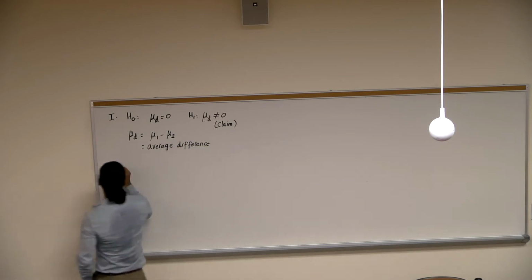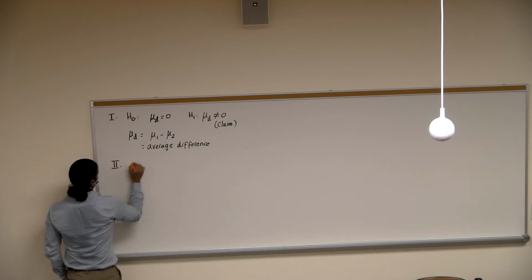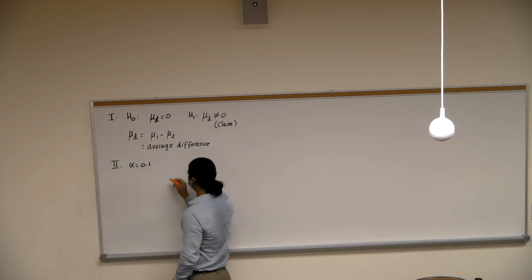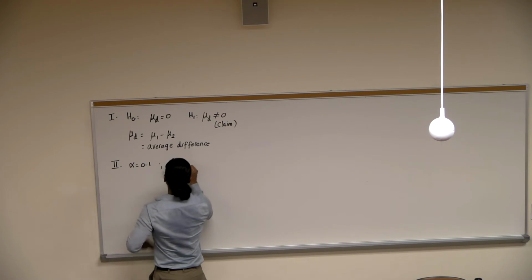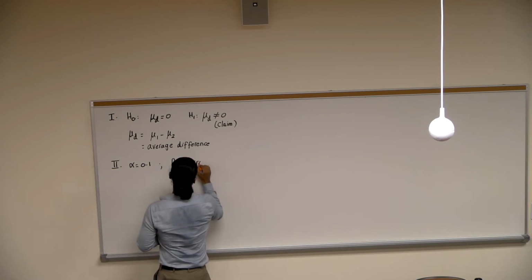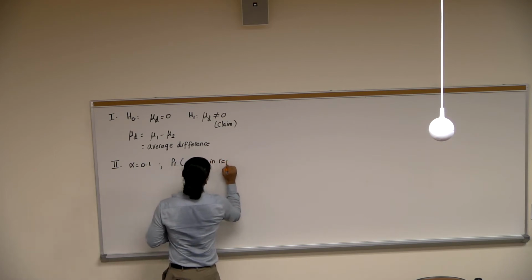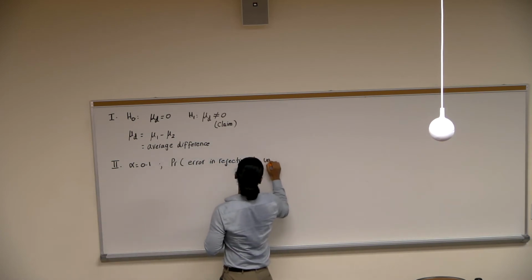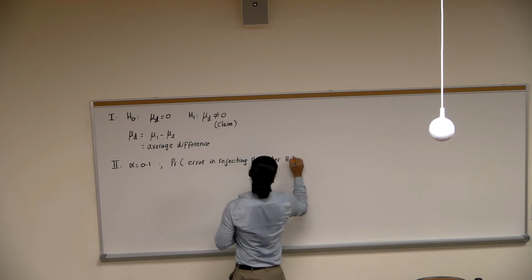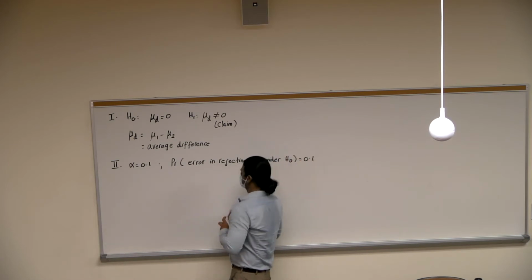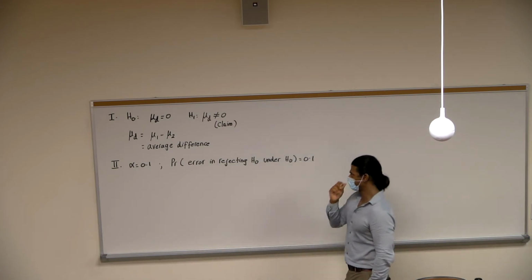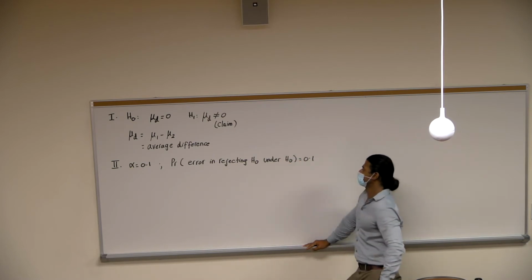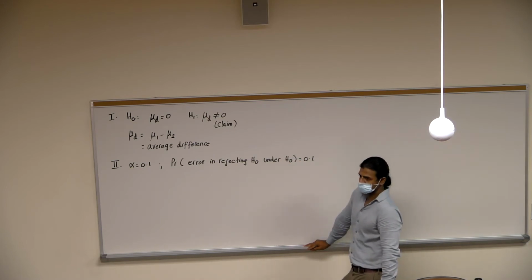Step 2. Alpha is 0.1, which simply means we are setting a level for the probability of error in rejecting null under the assumed null, and that has to be 10% or below.